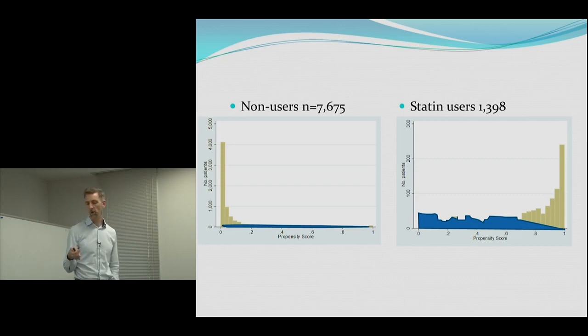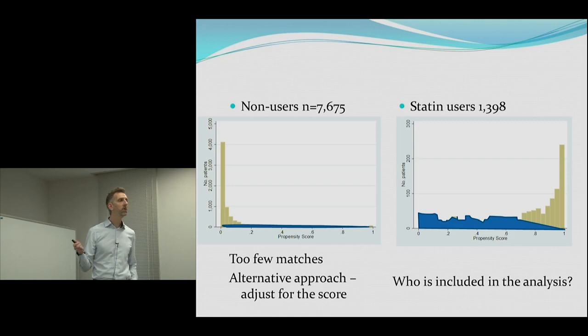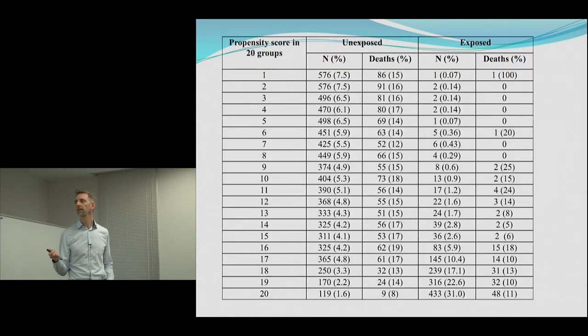So we decided not to match, and instead we decided that we would adjust for the score in the analysis. That means we have a statistical model where we just have the exposure, statin or not, and the propensity score. This could be as a categorical variable or a continuous variable, depending on what made most statistical sense. But who did we include in the analysis?